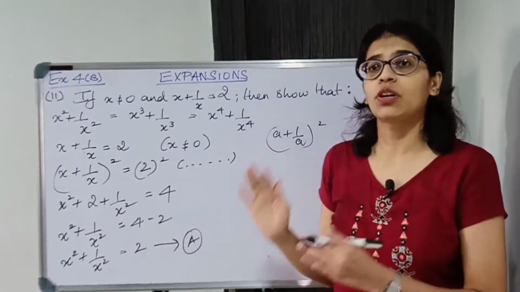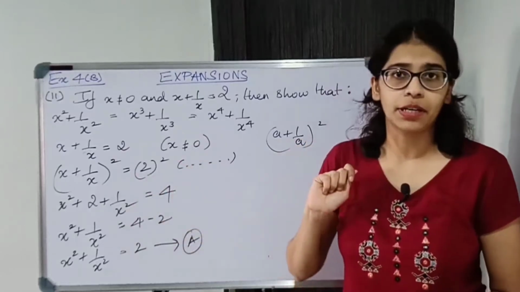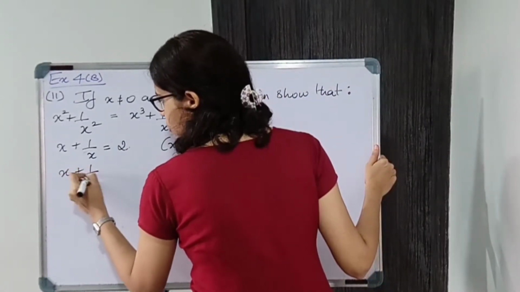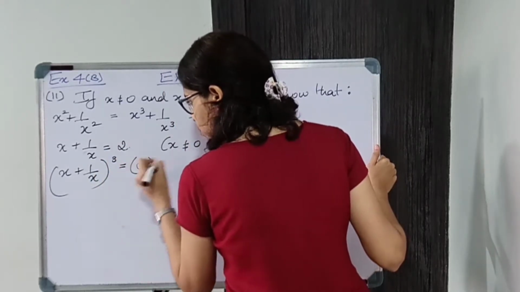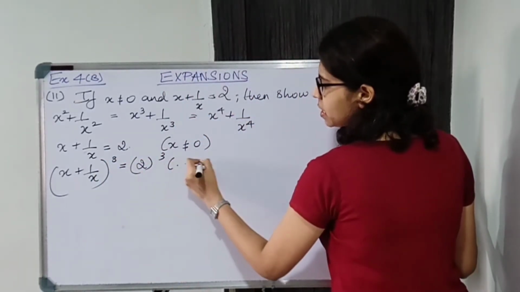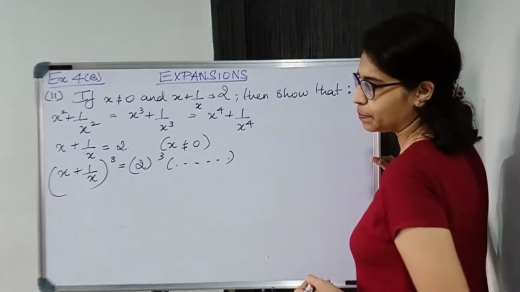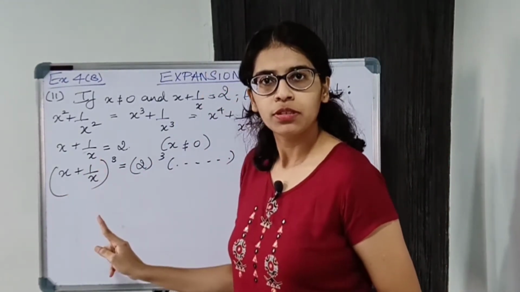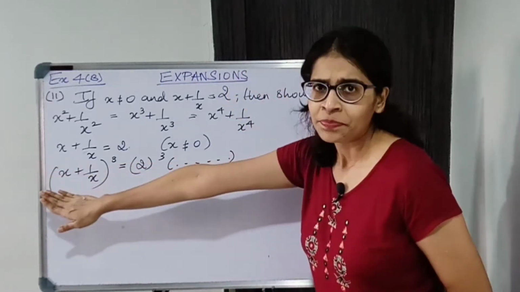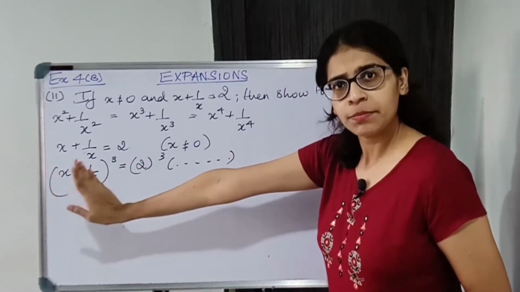Now let us find the answer for the second part. Write down the LHS, put brackets cube, write down the RHS, put brackets cube, and give the reason: cubing on both the sides. Now this is of the form a plus 1 upon a the whole cube, with x in place of a.